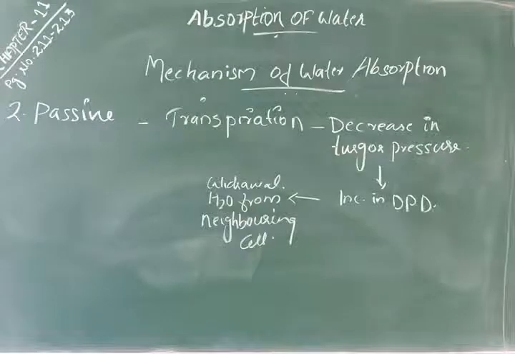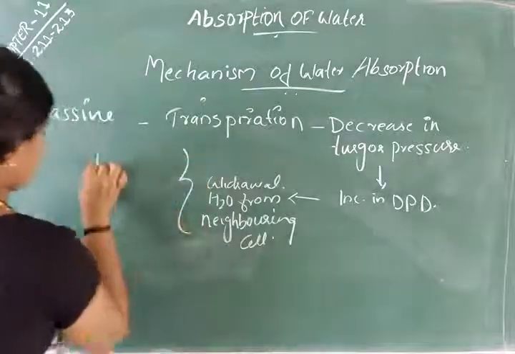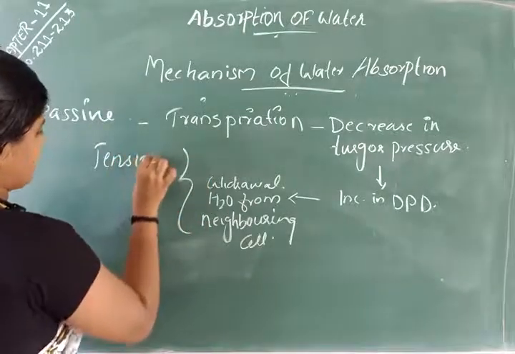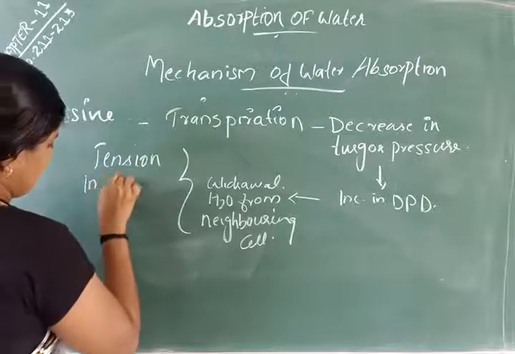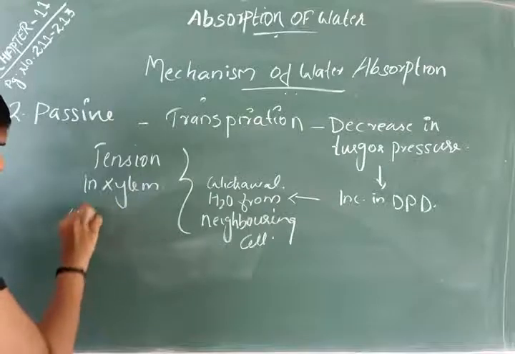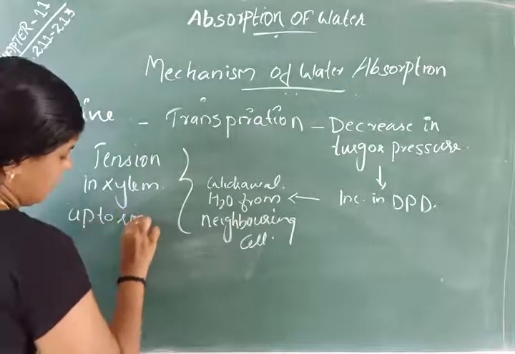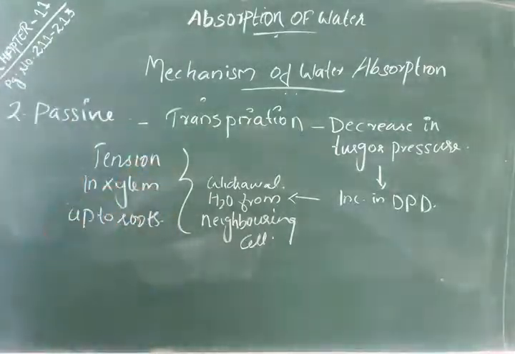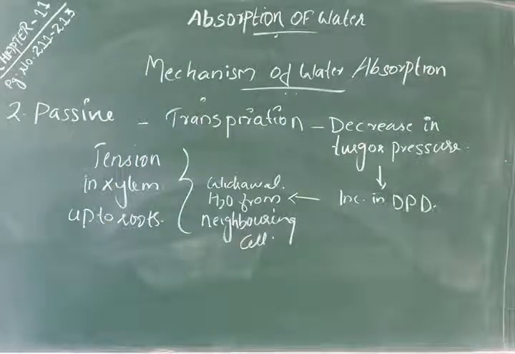In the xylem, a tension develops and is transmitted downwards up to the root, resulting in absorption of water from the soil. So this tension which develops in the xylem goes up to the roots.